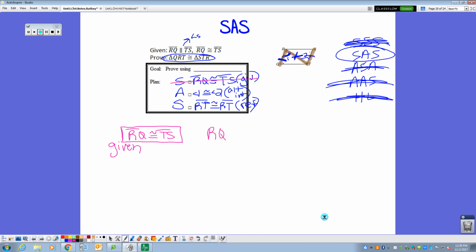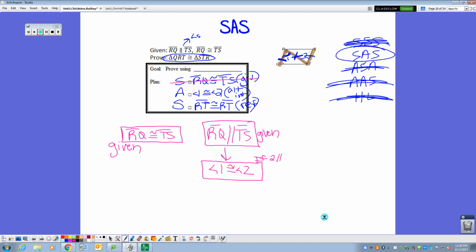And so the next thing I need to bring into the proof is the parallel lines. The parallel lines are what allowed me to mark in the diagram that angle 1 is congruent to angle 2. So as a proof, the parallel lines come before those angles. We can't just write alternate interior. We have to write out the full reason.